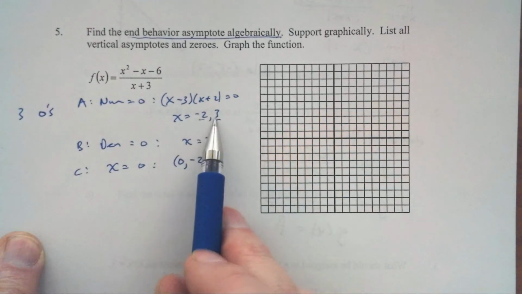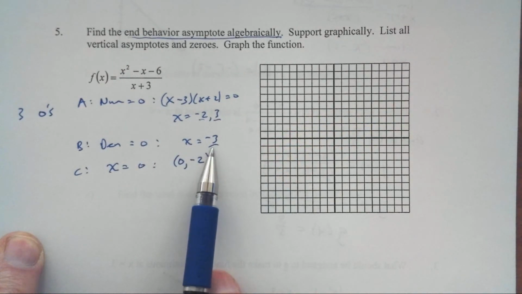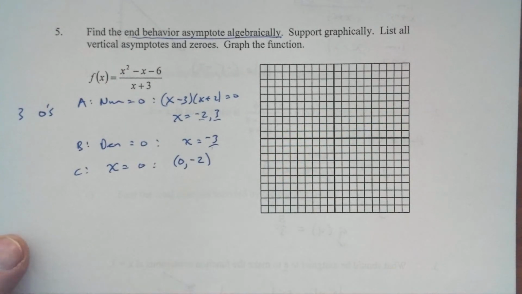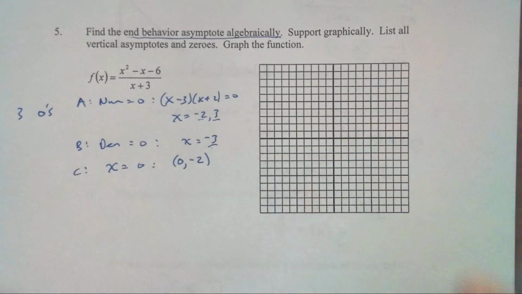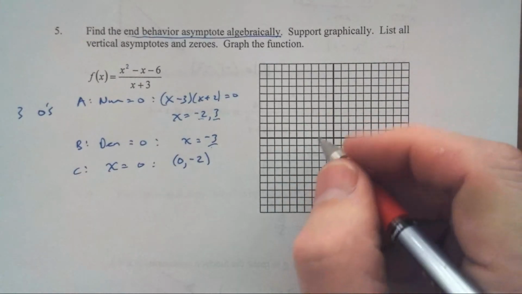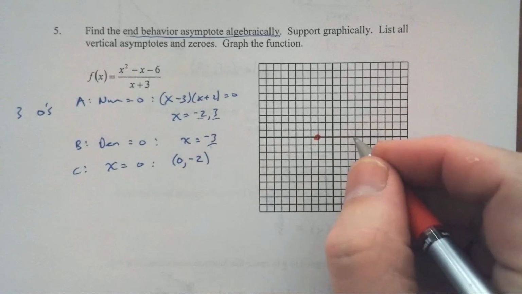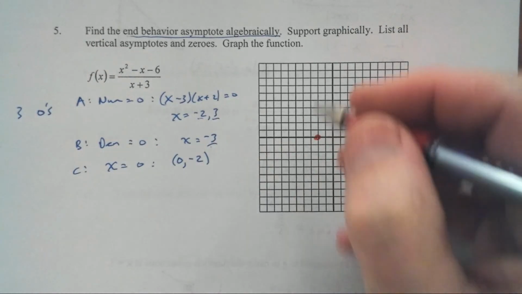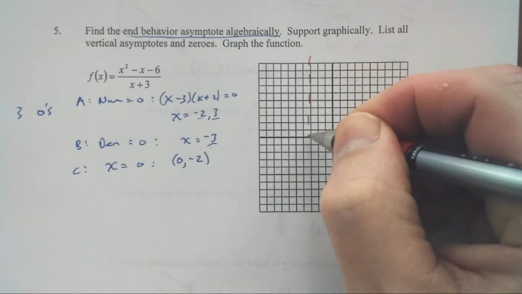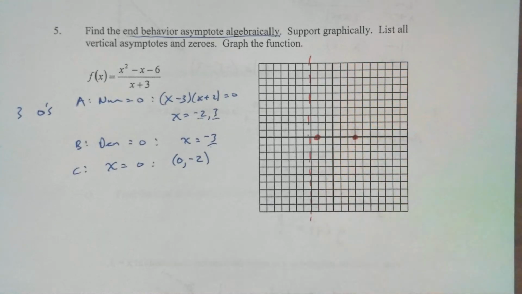And since negative 2 and 3 are different than this negative 3, I don't have a match. If there was a match, then it's back to page 1, our kind of discussion of where holes are in the graph. So at this point, I know I have a 0 at negative 2, and I know I have a 0 at 3, and I know I have a vertical asymptote at negative 3.